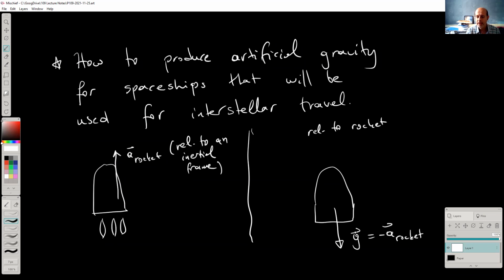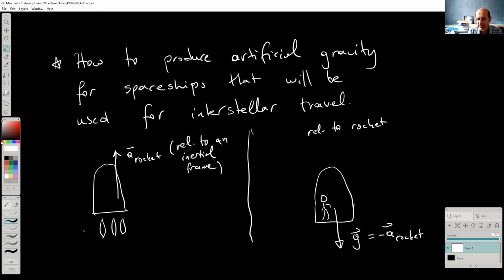So if you somehow accelerate your rocket with an acceleration of 9.8 meters per second squared, then the astronauts inside will actually experience that gravity. And as a result, they will feel the environment as if they are on Earth, so they won't be able to distinguish this gravity from the gravity they experience on Earth.